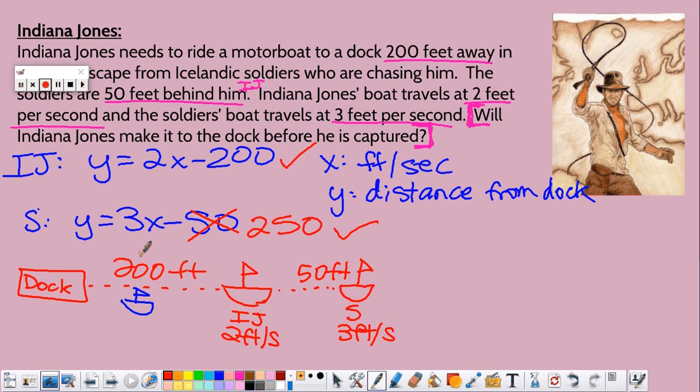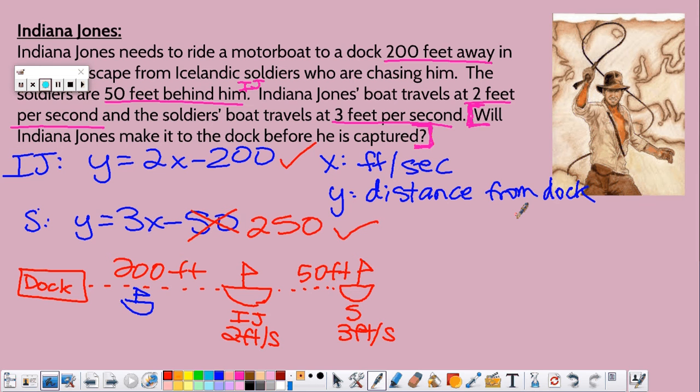Wait, I need someone to answer my question. Before we answer Eva's question, because that's a good question, and Emma's question, okay, if we changed the Y variable to say distance from Indiana Jones's boat, would this change our equation? Yes. What would it change?